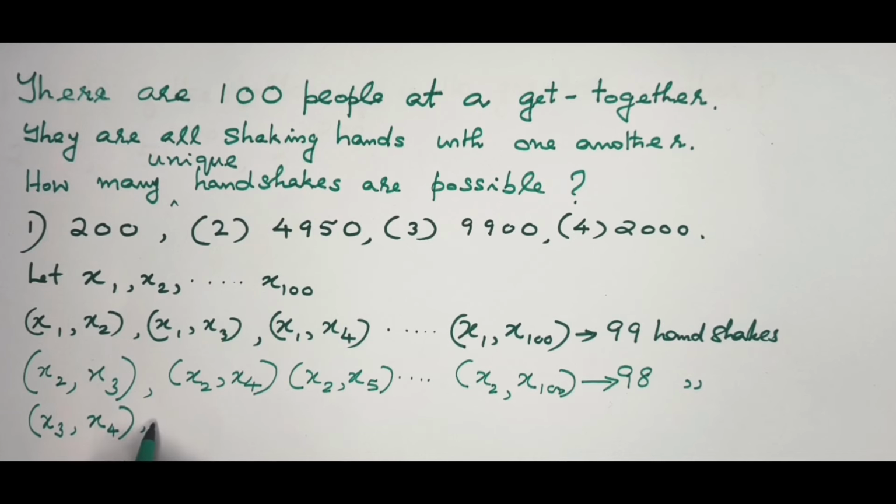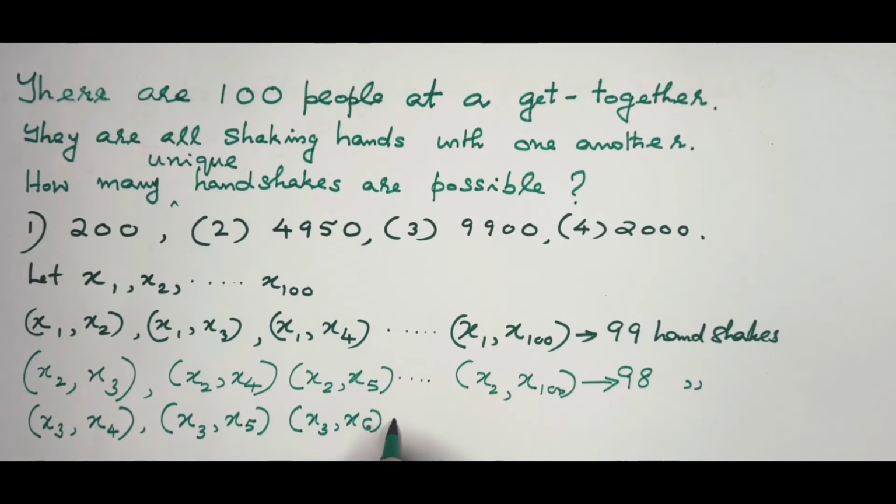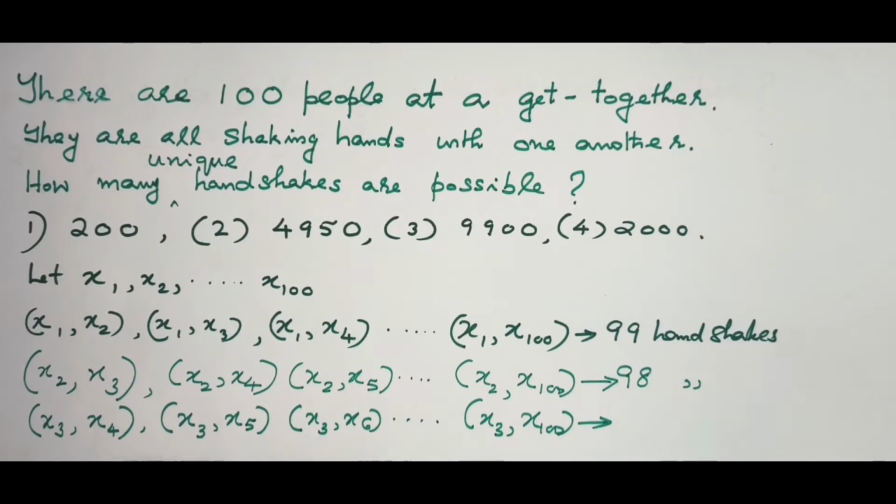So to get the number of unique handshakes, we will begin here. The second handshake x3 makes will be with x5 in this format. And the third one, x3, x6. And the last one, x3, x100. So how many unique handshakes are you getting?